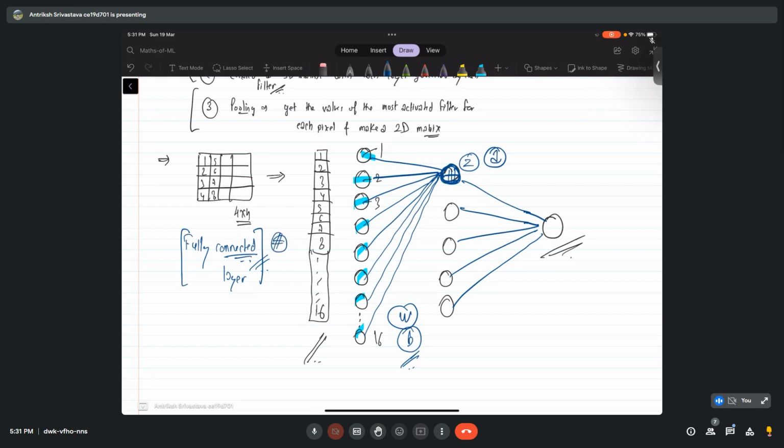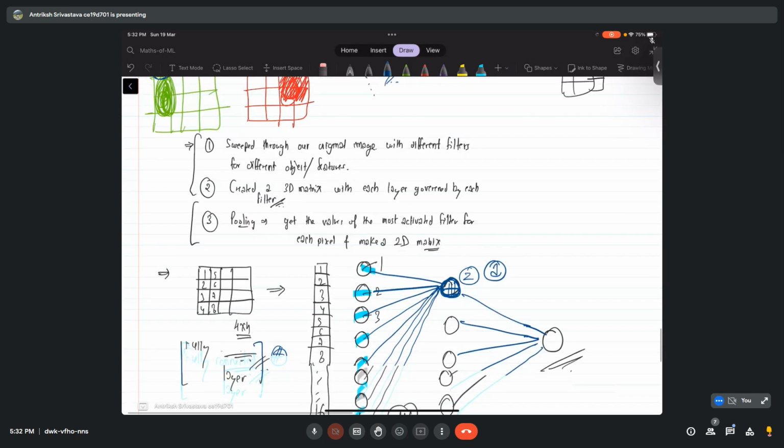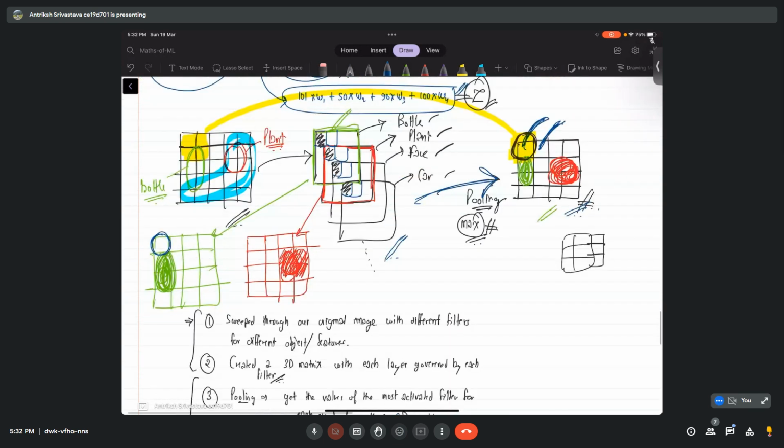Okay, so is there anything I'm missing in the convolution network? Okay, one more thing. What did we do in pooling? We did nothing but get the maximum of the pixel values.